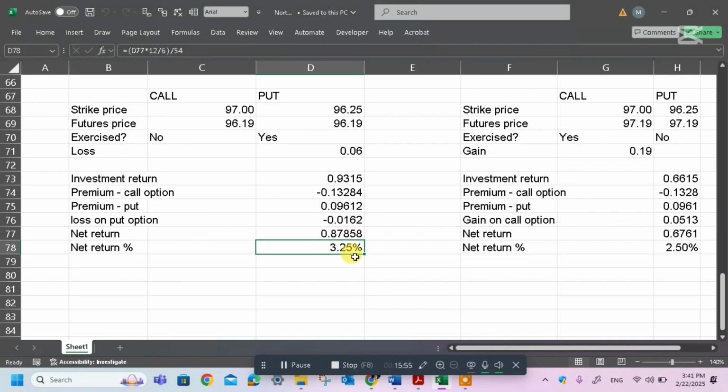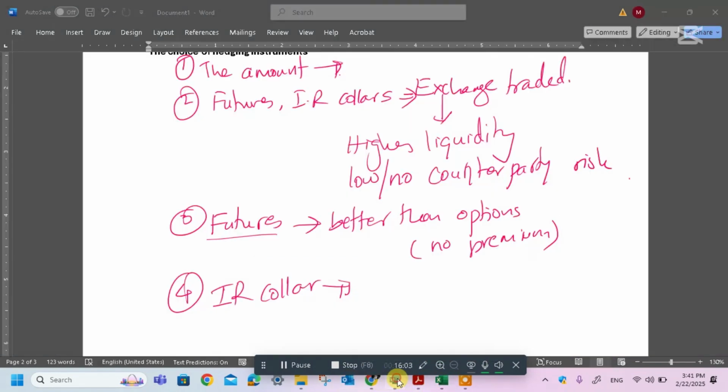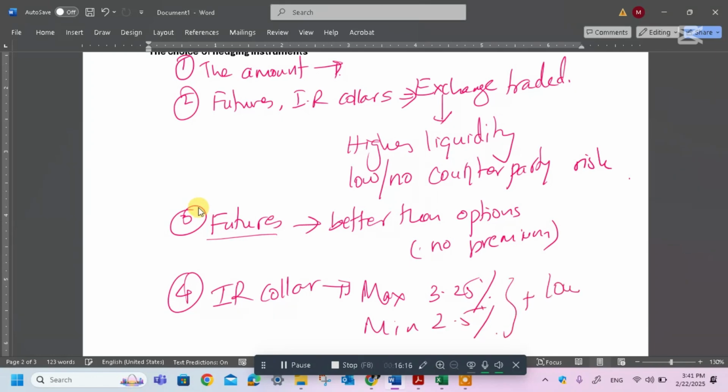Within this range, it can fluctuate. So there is a small range that keeps it open for you to enjoy the benefits of favorable movements. So let's say this hedging, maximum 3.25%, minimum 2.5%, plus lower premium.